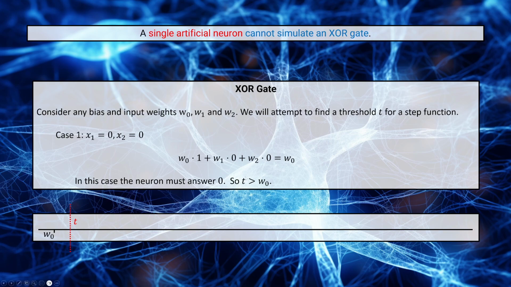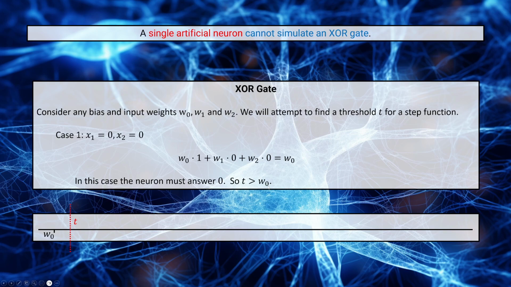So now what that means for our threshold, if we want our neuron to answer 0, our threshold must be greater than whatever this weighted sum is going to be. And since we computed it to be W0, we've got this nice easy condition here. Our threshold has to at least be bigger than W0.